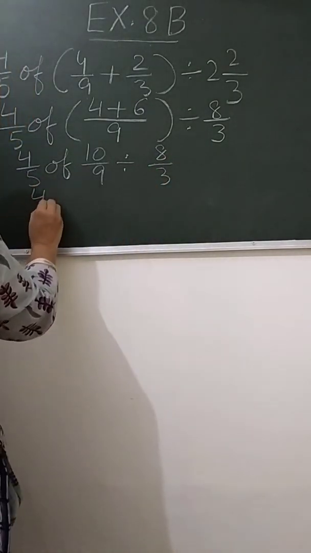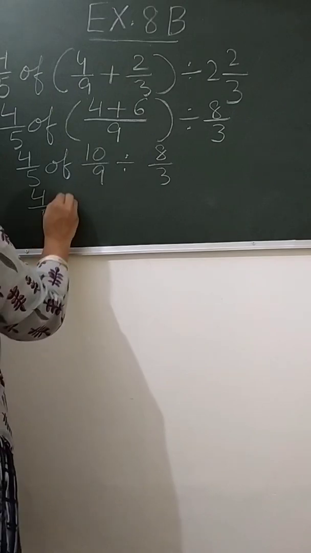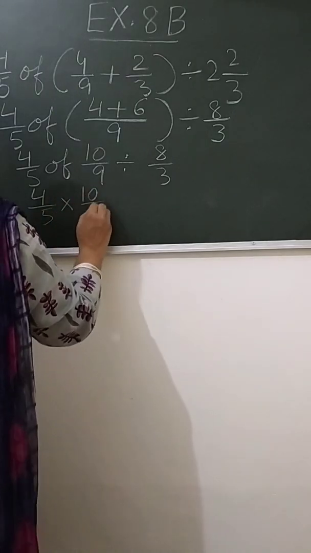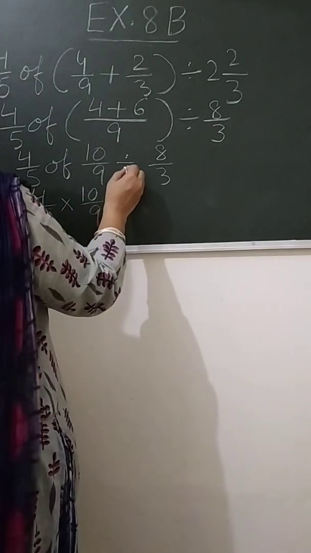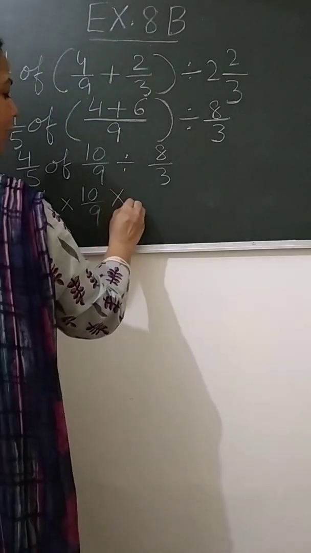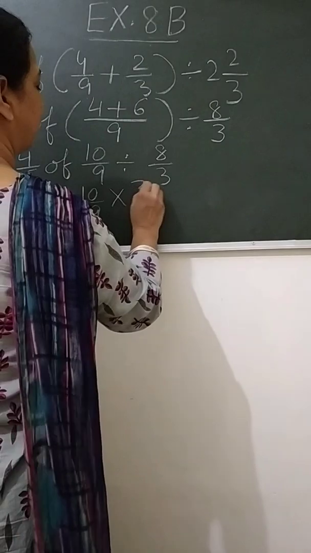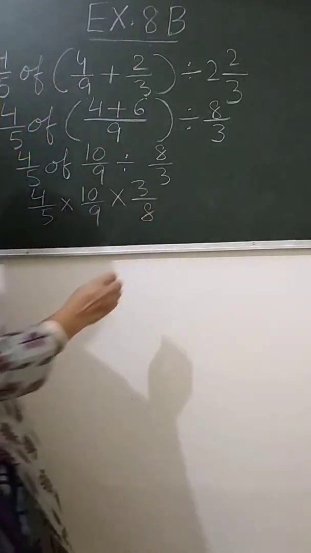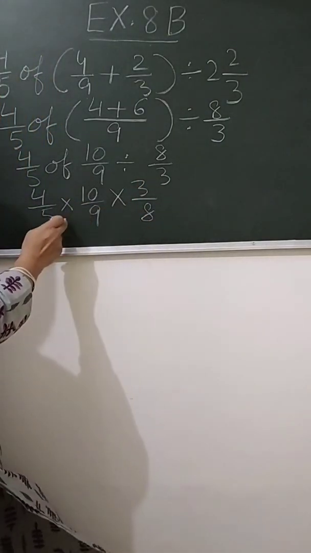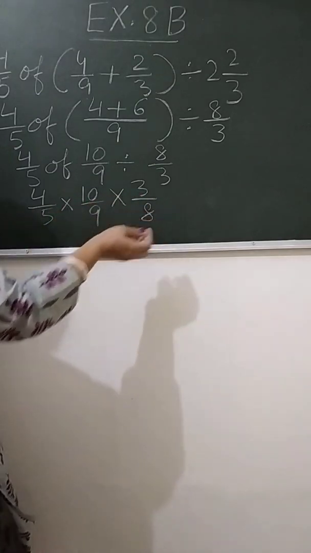So this is 4 by 5. Of means multiply. This is 10 by 9. Here in place of the sign of division we will put the sign of multiply, and in place of 8 by 3 we will write 3 by 8. Now the sign of multiply is here. We will simplify these three fractions.